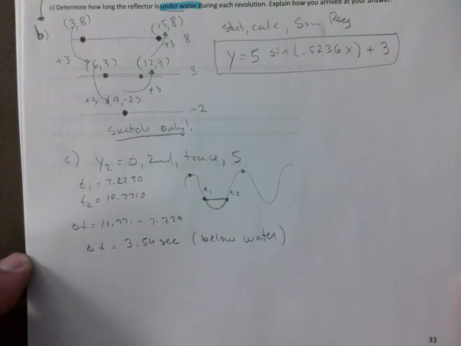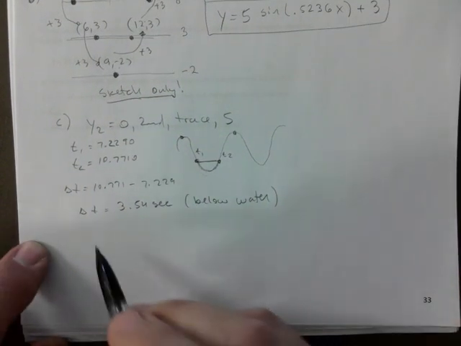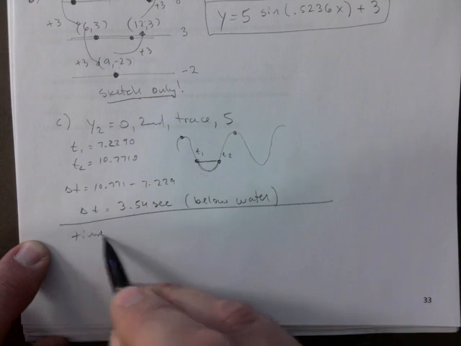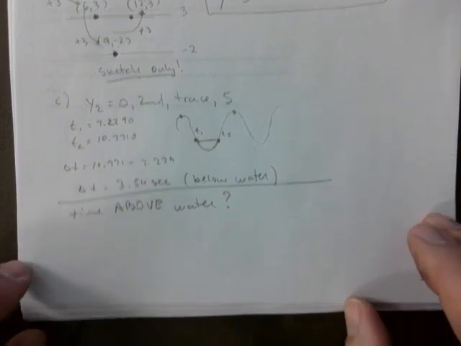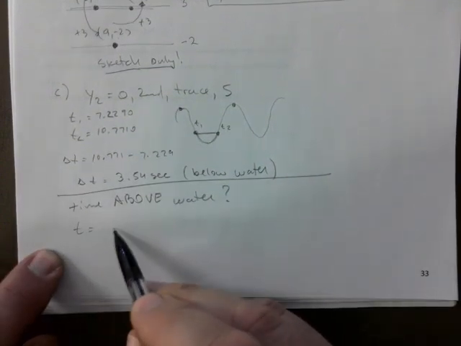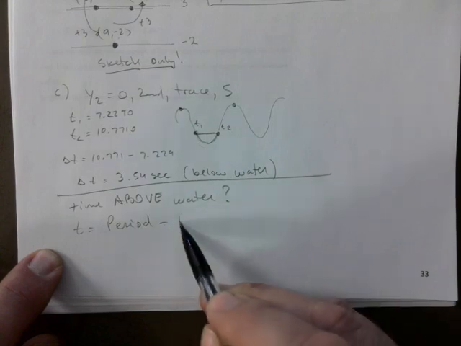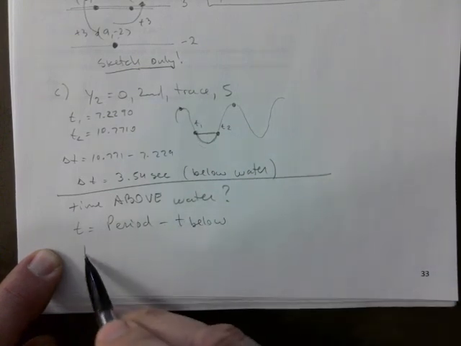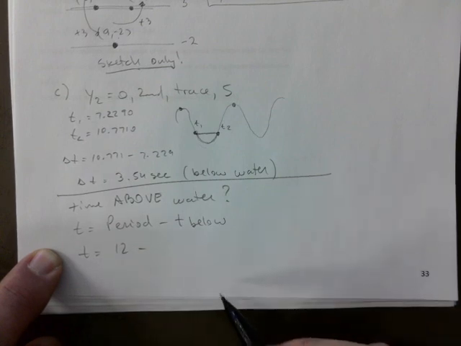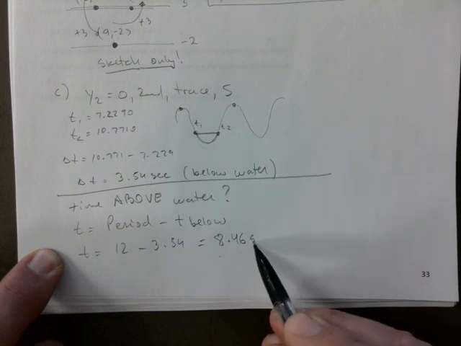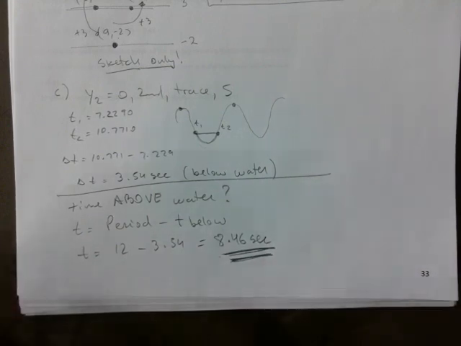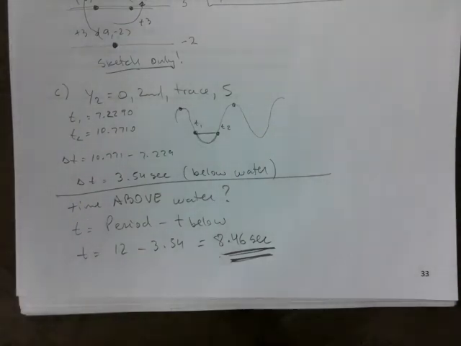And why not figure out above water right away? Time above water. We will just go period minus time below. Period is 12 minus 3.54. That's 8.46 seconds. You know, I like to highlight.